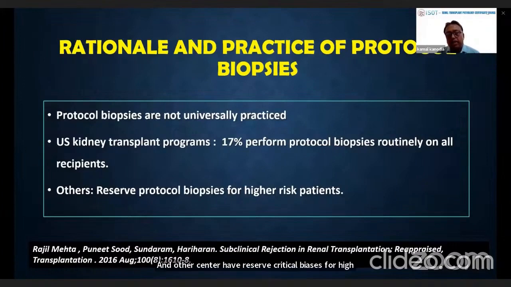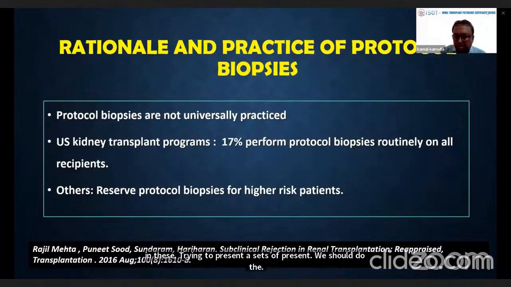High-risk patients means patients who have cross-match positivity before the transplantation, or elevated PRA level. These kinds of patients have higher chances of developing rejection early after the transplantation. So centers believe that in these sets of patients, we should go for protocol biopsies.